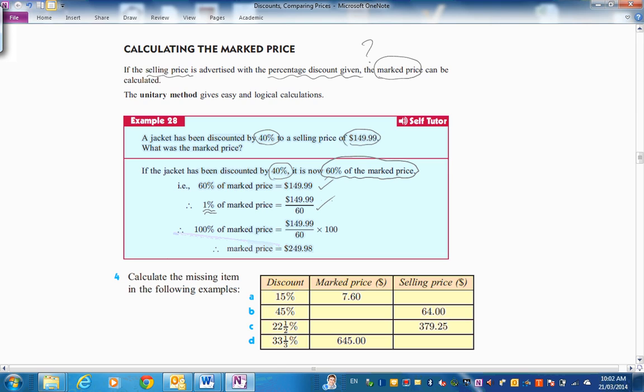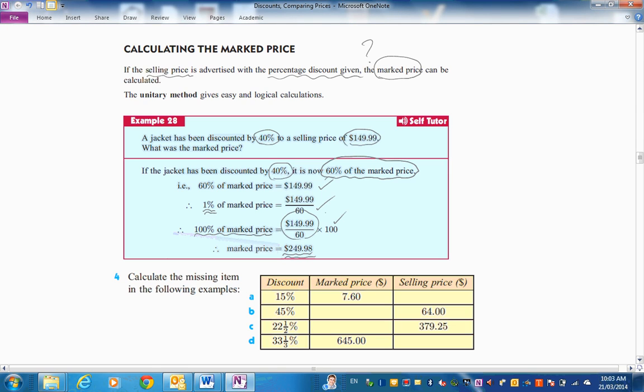So if we've got 1% of the mark price, what was the whole mark price? It was 100%. So we get that figure and multiply by 100. So the mark price was $249.98.